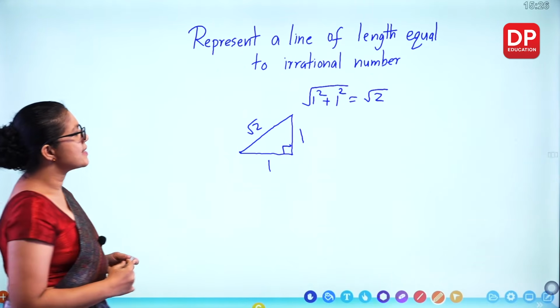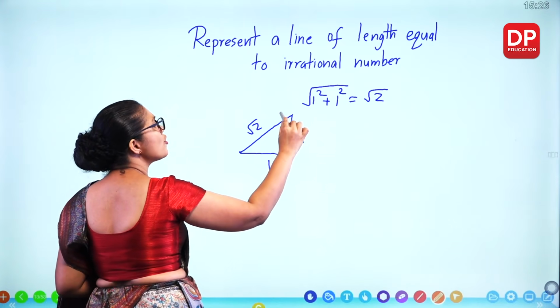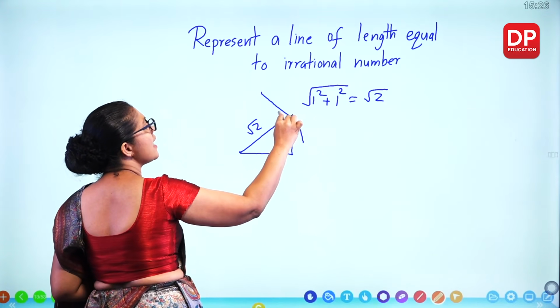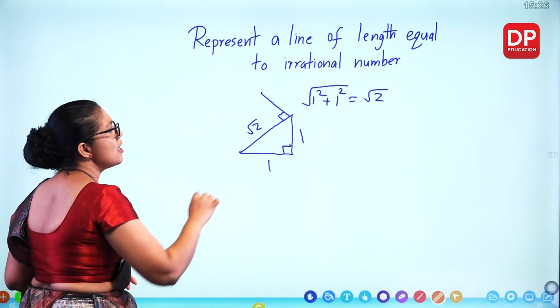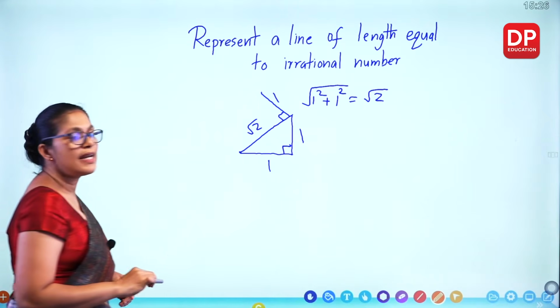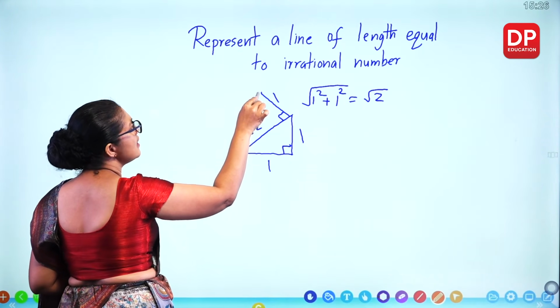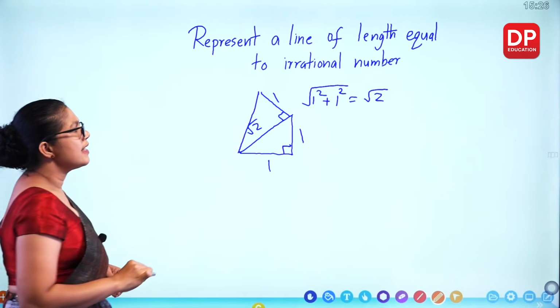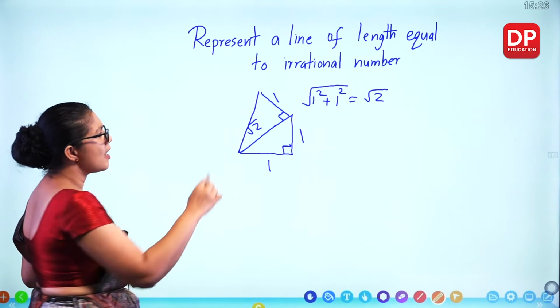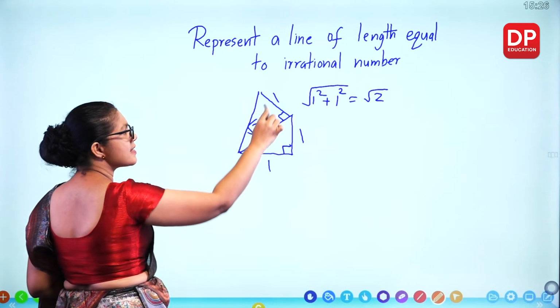Now I want to extend this. Again, I want to draw a perpendicular line to this end with one length. When you draw that, you can again connect these 2 points. Now again you can use Pythagoras theorem.